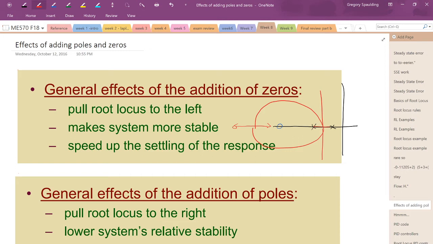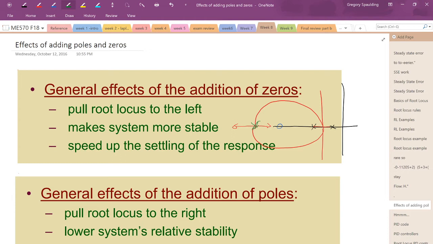And we can drive the system by changing the gain to some points out in here and have our closed loop system acting quicker, and it would become more stable because the right half plane is instability. So we move away from the right half plane. We move farther along the negative real axis.